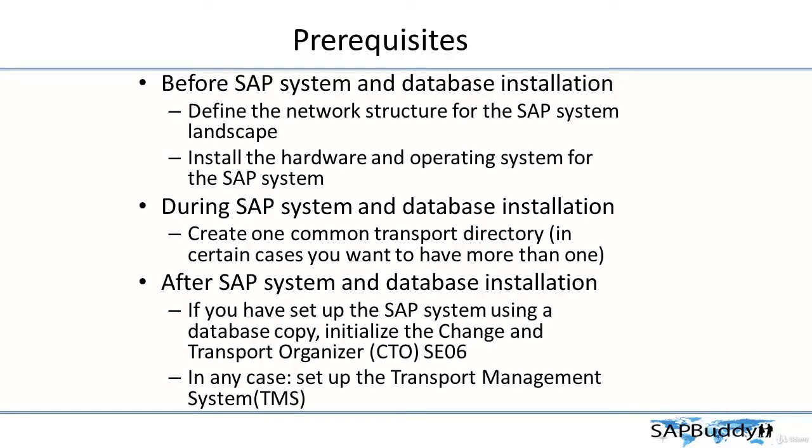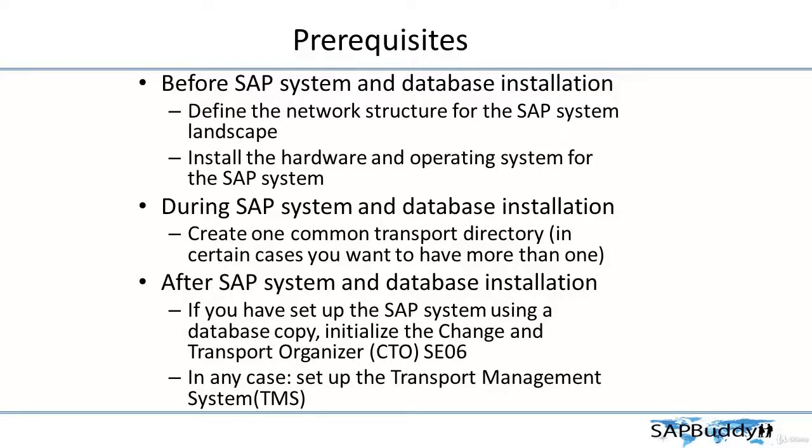This is the list of prerequisites which is required to configure the TMS system in your landscape. That means which is done during or maybe after installation of SAP system, that means before you start configuring the STMS.